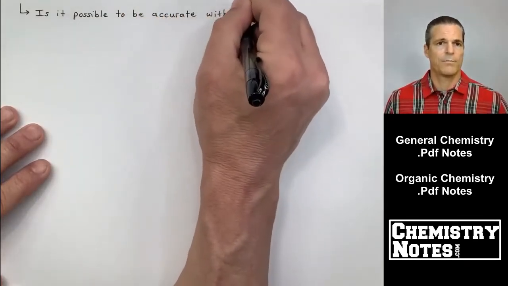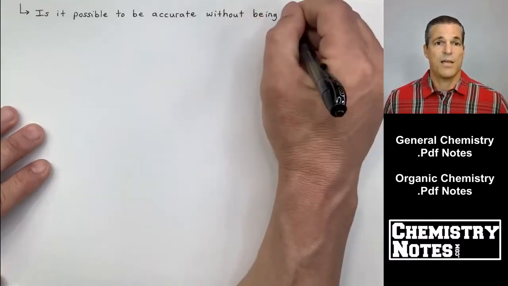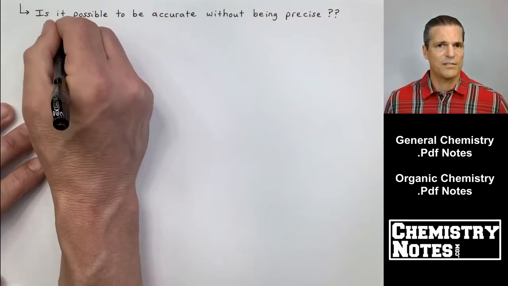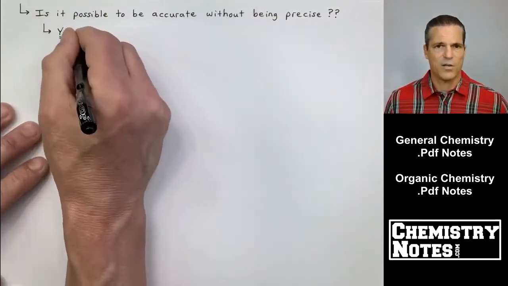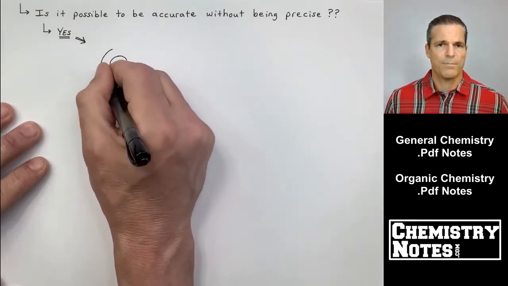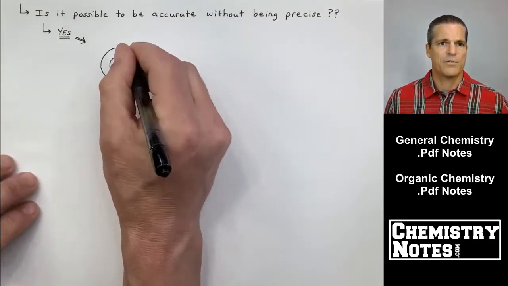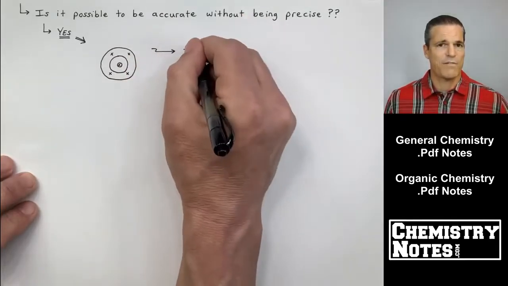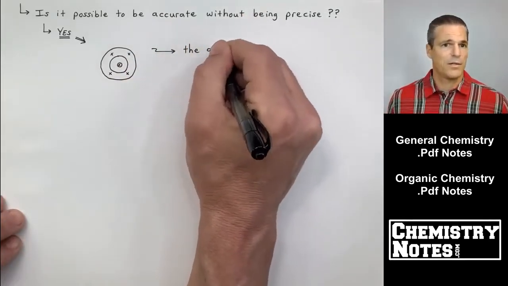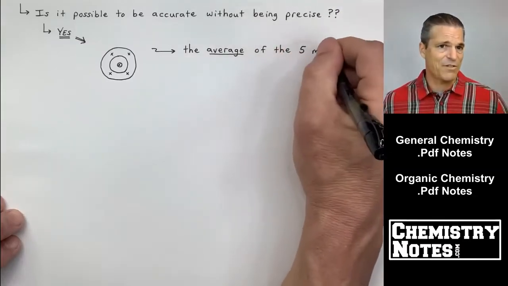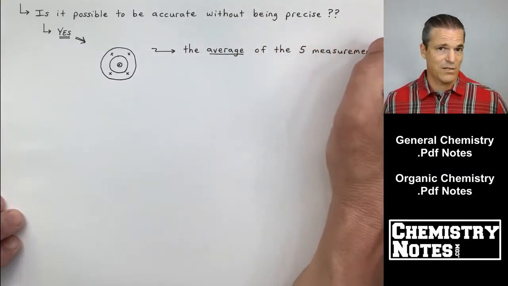4th dartboard coming up. It says, is it possible to be accurate without being precise? I see this question asked all the time on quizzes and tests, so I thought I'd put it here. How am I going to draw this so I'm accurate without being precise? Well, I said we had 5 experiments or measurements. There's my 5 darts. 1 dart's a bullseye, and the average of the 5 darts is also the bullseye.